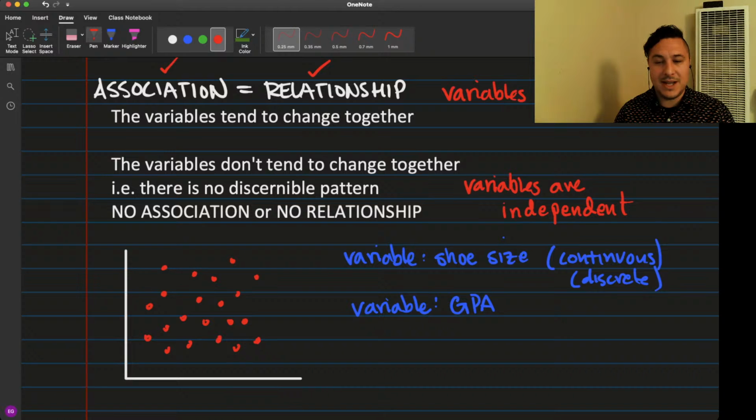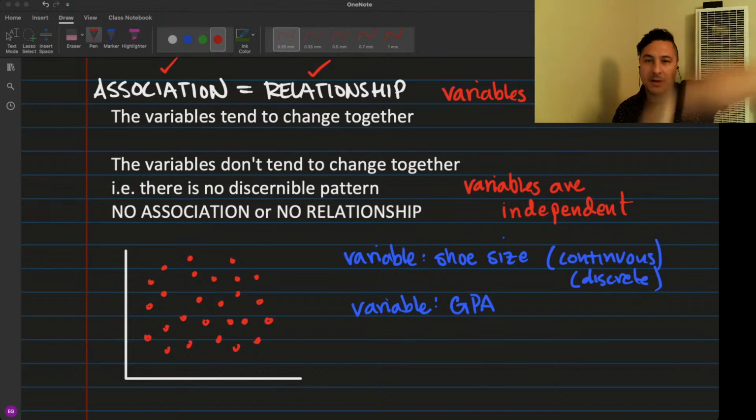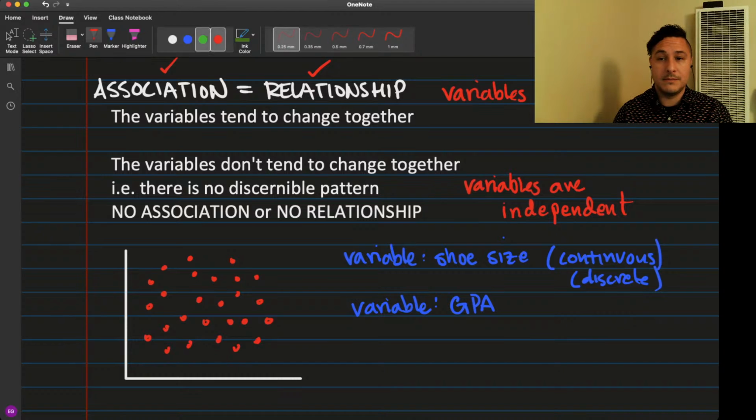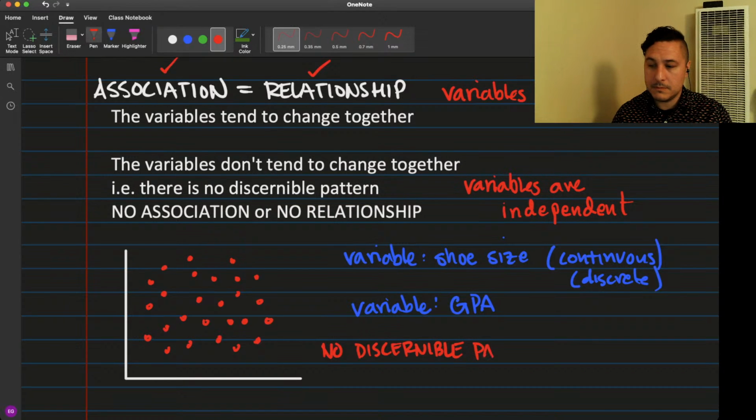Looking at this, do you see how you just get sort of like a random cloud of dots? It's not very obvious that they're going up or down together. If you get something that looks like a random cloud of dots, that probably means that the variables are independent. There's no connection. There's no discernible pattern. Ergo, they are independent.